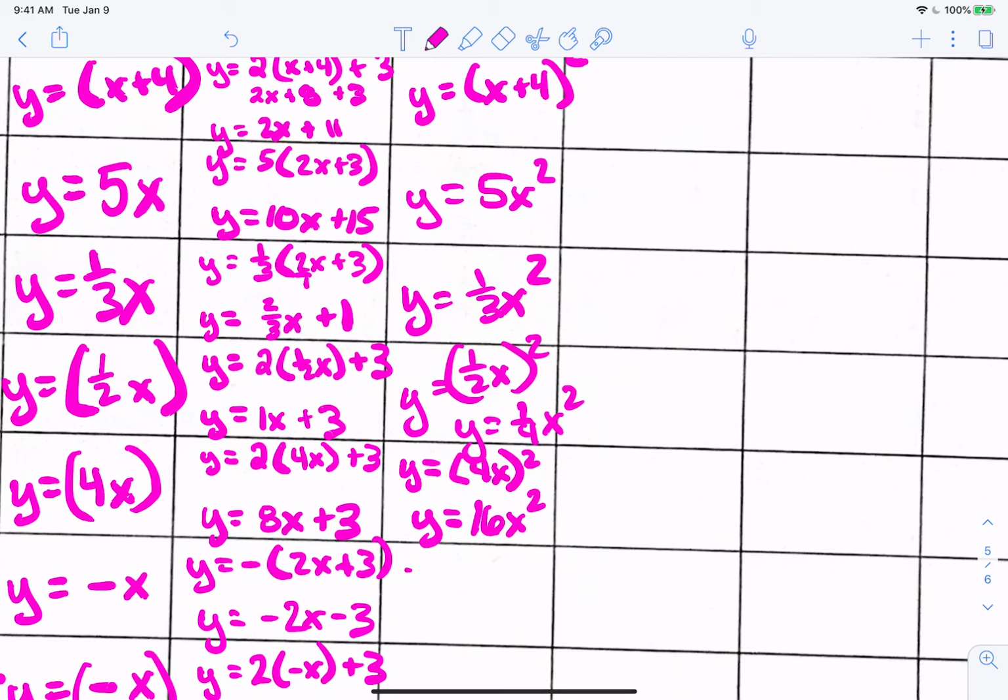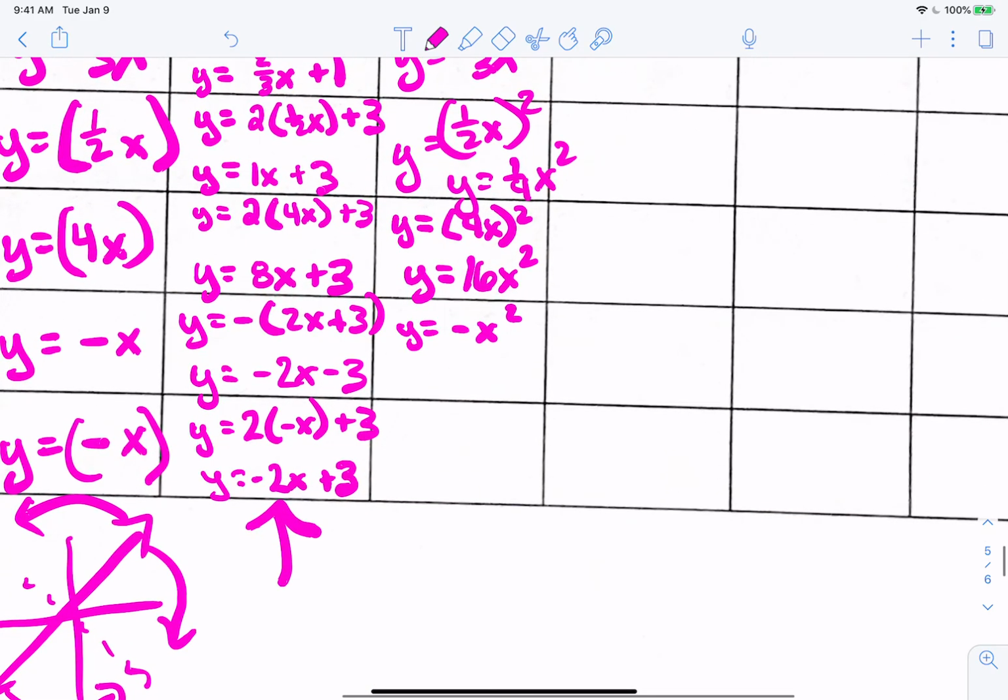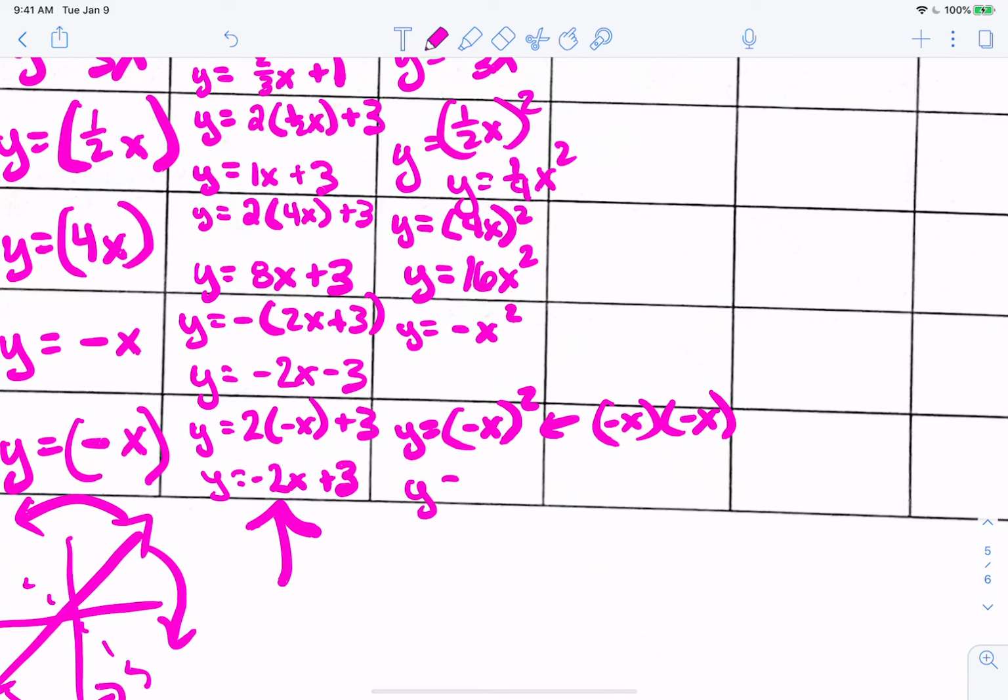Okay, and then this one, y equals negative x squared, which I can't do anything with, but y equals negative x in parentheses squared. Okay, y equals negative x in parentheses squared. If I take negative, this guy means negative x times negative x. That's what negative x squared means, right? But what is negative x times negative x? Positive x squared, right?